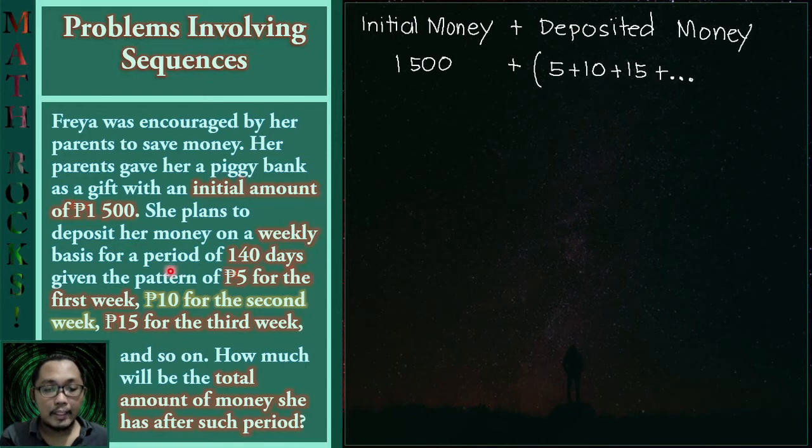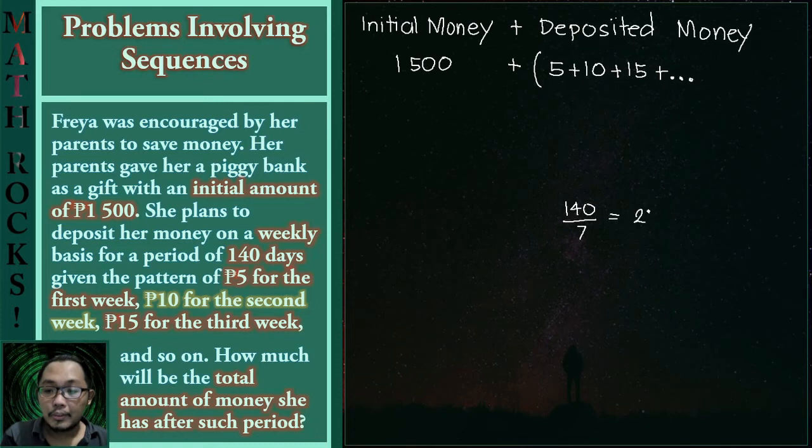It was stated that the deposit will happen for a total period of 140 days on a weekly basis. If we try to calculate how many weeks there are in 140 days, we can easily have such by dividing 140 by 7. And it actually gives us 20 weeks.